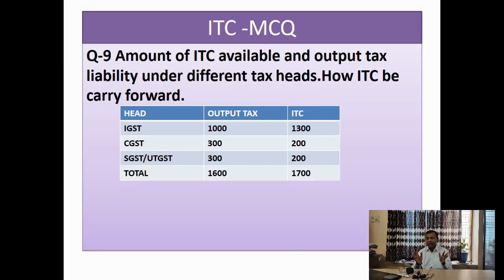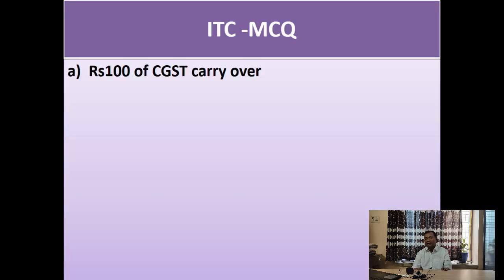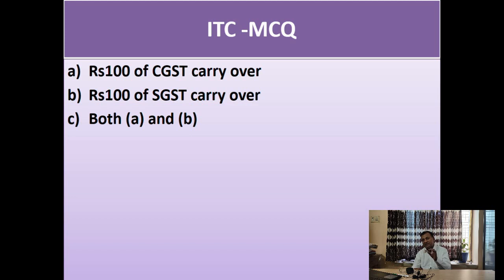So you see, if you continue with this, IGST of 100 will be carried forward, and another is 100 of CGST, 100 of SGST will be carried forward. In another case, you can also take different types of solutions here.